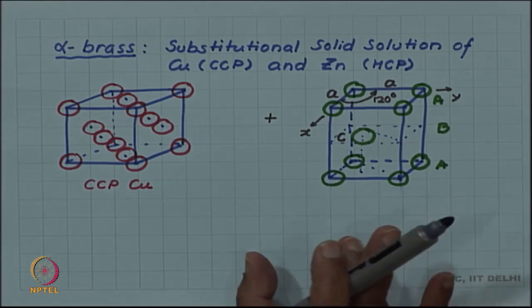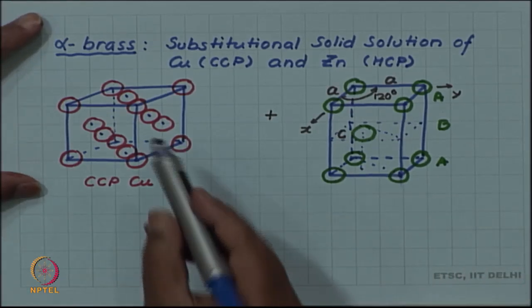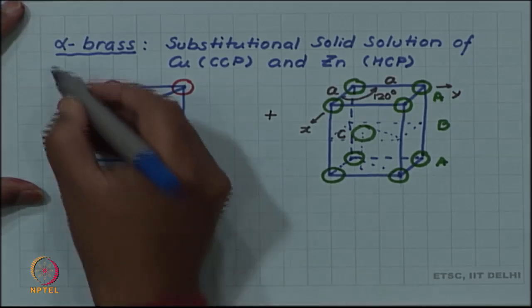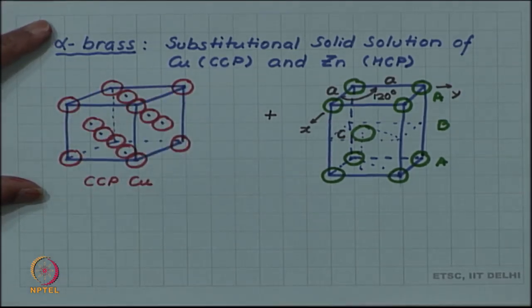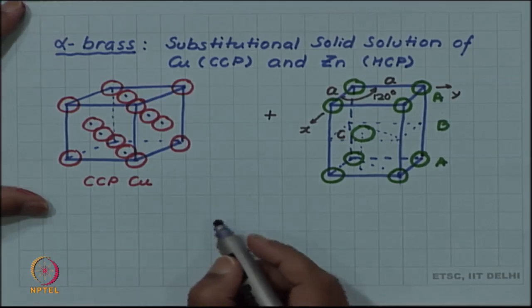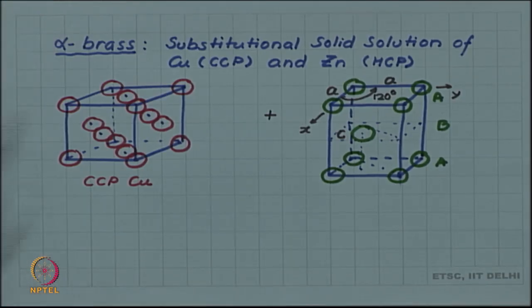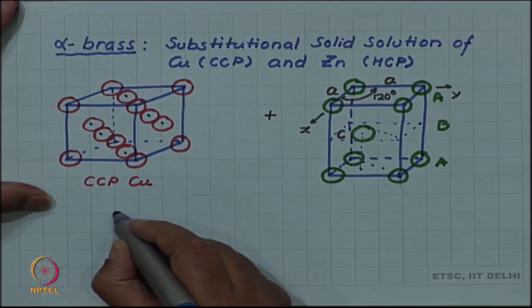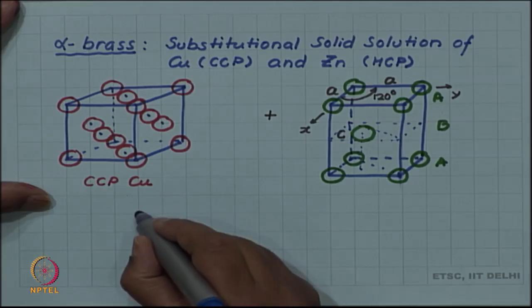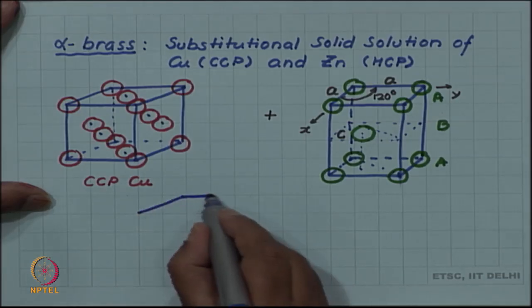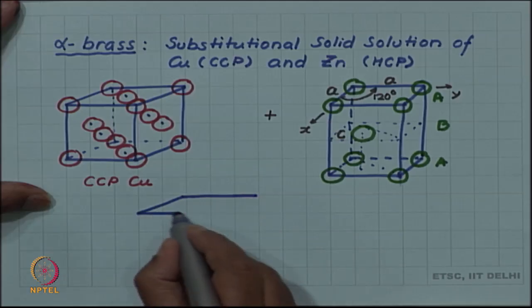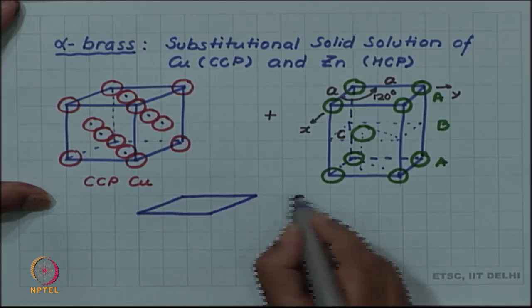It so happens, and experimentally we have found that alpha brass has the structure of cubic close packed or a CCP structure. So, let me again draw another two unit cells of this structure, which will now represent the solid solution.